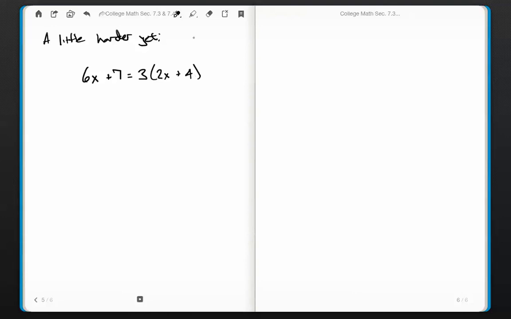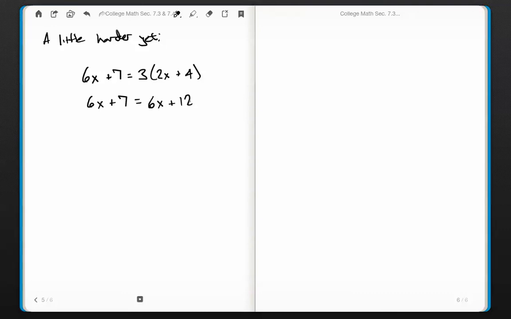Now what's different about this one? Well, it looks okay so far, but the distribution is over here this time. So 6x plus 7 equals this thing here, 6x plus 12.